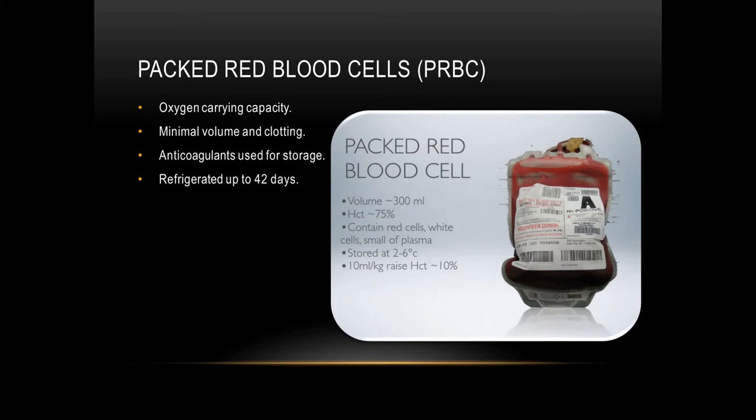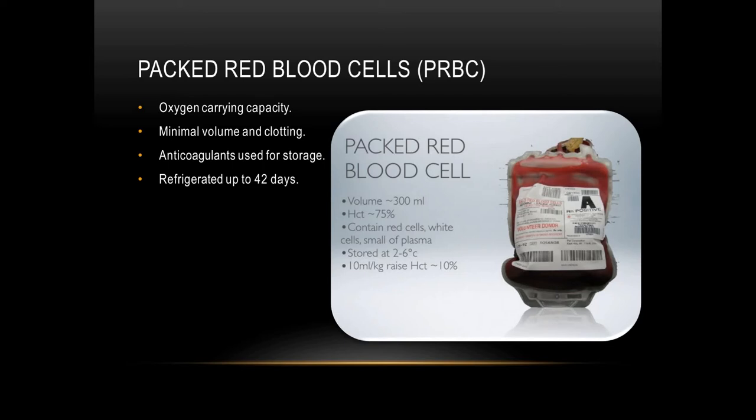So one of the downsides to PRBCs is actually the citrate that is used to store them to help keep them from clotting in the bag. It actually is an anticoagulant. So when we give large amounts of, especially PRBCs, in some of these blood products, we're actually putting large amounts of anticoagulants into our patients.